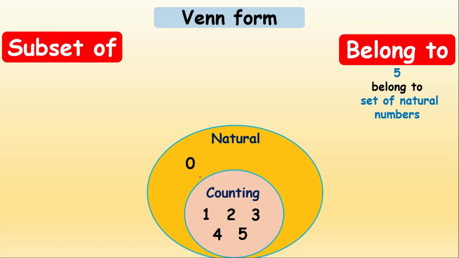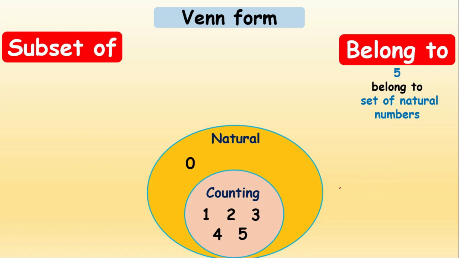The same, number 2 belongs to the set of natural numbers and also 2 belongs to the set of counting numbers. Can you tell me if negative 3 belongs to the set of counting numbers or not? No, negative 3 is not in counting. So you can say negative 3 does not belong to the set of counting numbers.